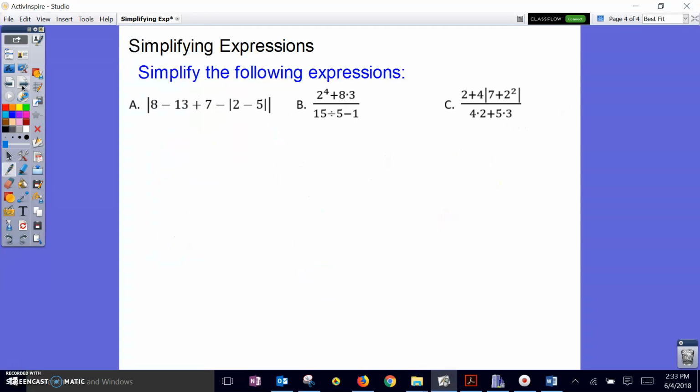All right, one more here. Now here we have multiple sets of absolute value signs. So just like before with grouping symbols, we want to work first on the innermost grouping symbol. So we're going to go ahead and do what's inside those absolute values. That absolute value first.